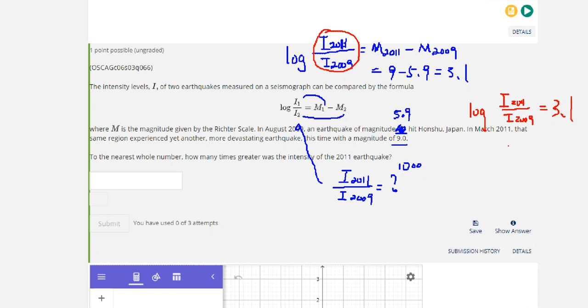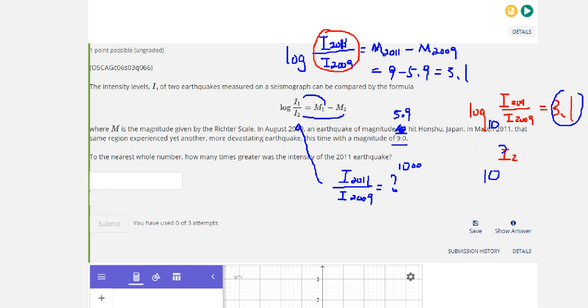We can quickly rewrite this into exponential form by recognizing this is a common log. It has base 10, so I'm going to keep the base as 10, and then swap these two. When I drop the log, I need to swap those two.